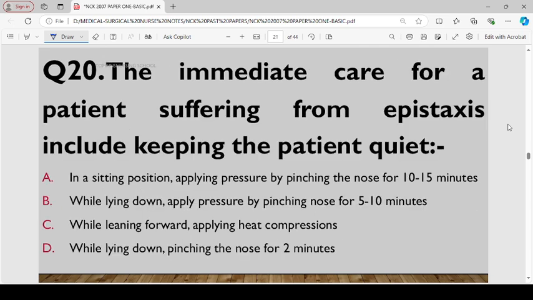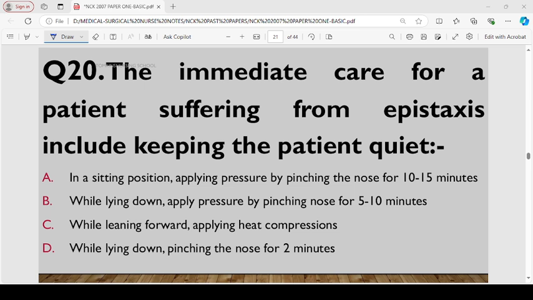The immediate care for a patient suffering from epistaxis include keeping the patient quiet, A up to D, right? So if you start with option D, just patient lying and pinching the nose for 2 minutes, this is incorrect as the duration is too short and lying down is normally discouraged.